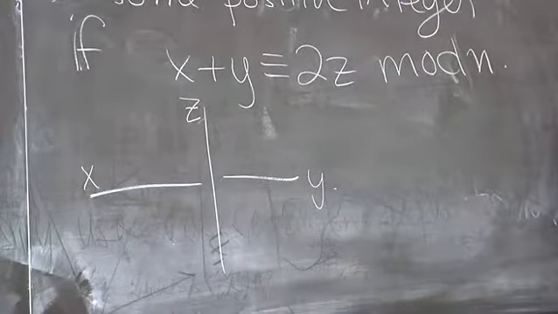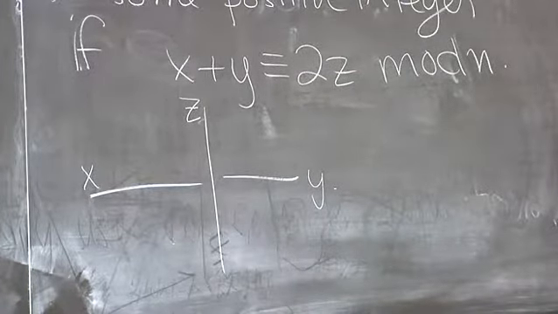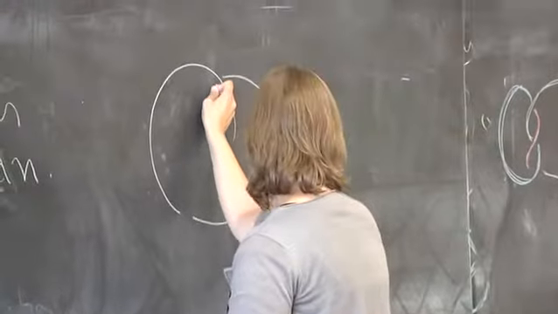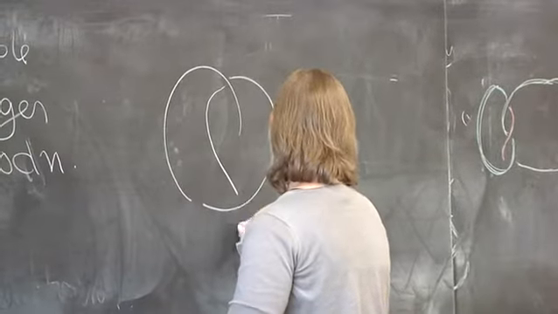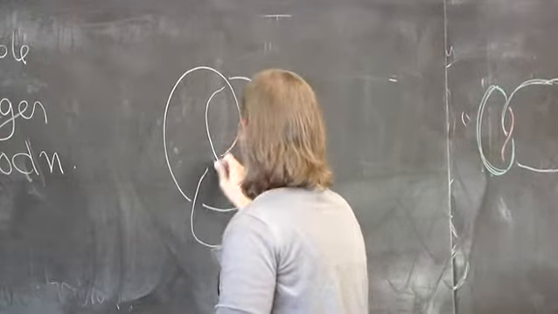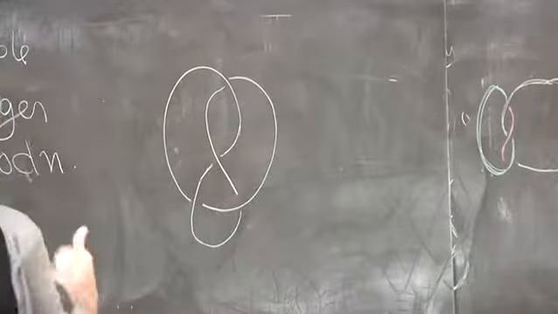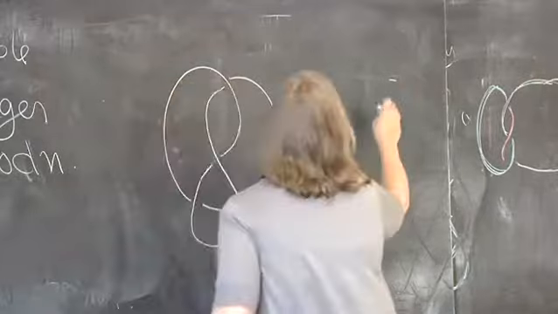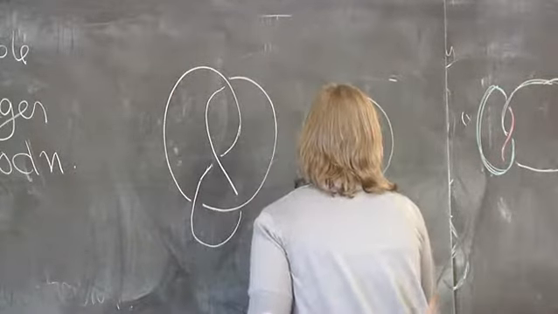Okay, so if we look at this guy, we know he's not 3 colorable. We know this one's not n colorable for any n.